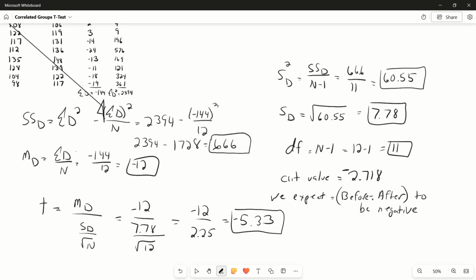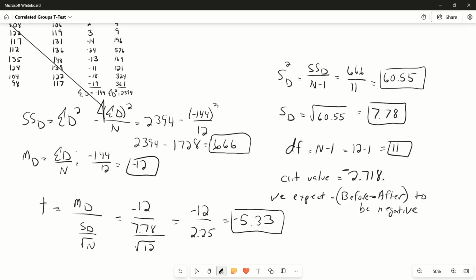Why do we expect before minus after to be negative? Because if IQ is increased, then the IQ of after is going to be greater than the IQ of before, right? So if I do a smaller IQ minus a larger IQ, I'm going to get a negative value. So since we expect before minus after to be negative, this has to be a negative critical value.